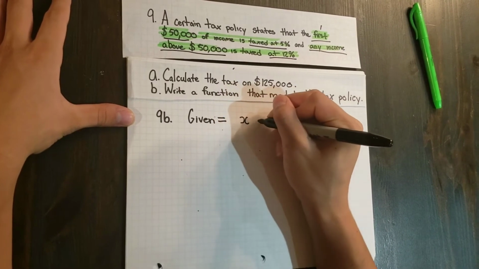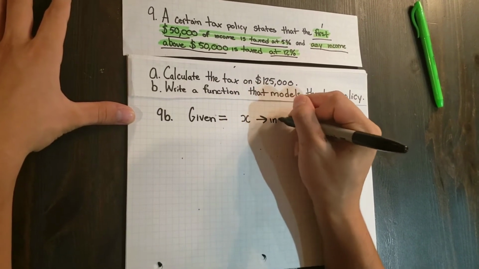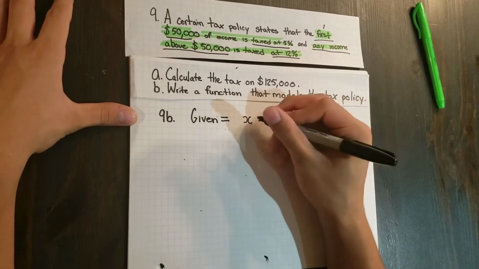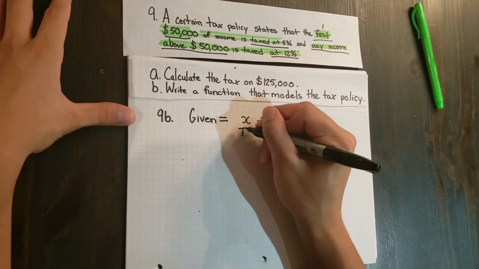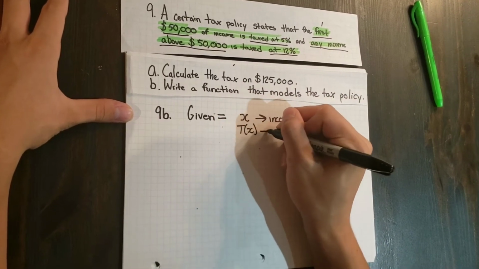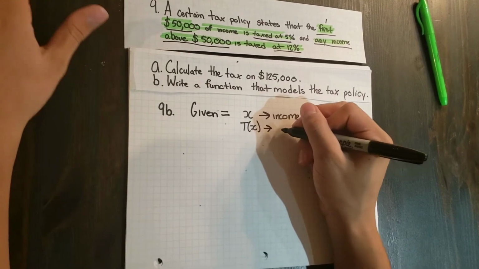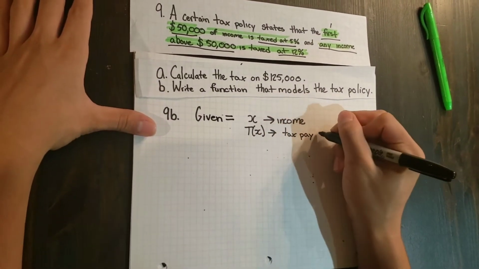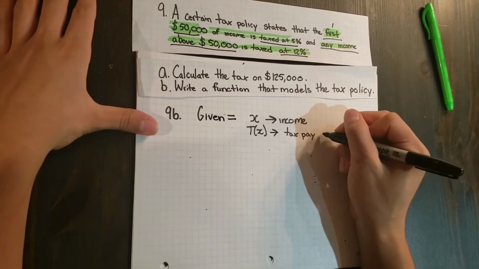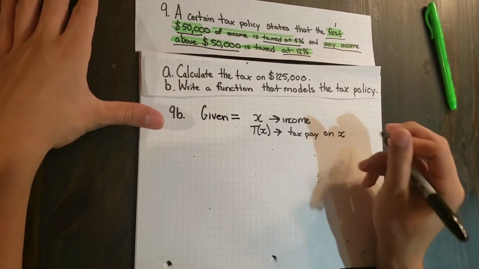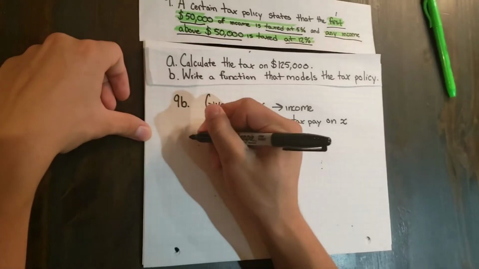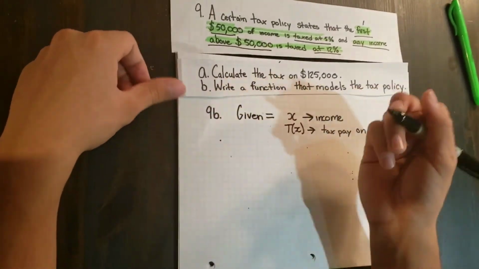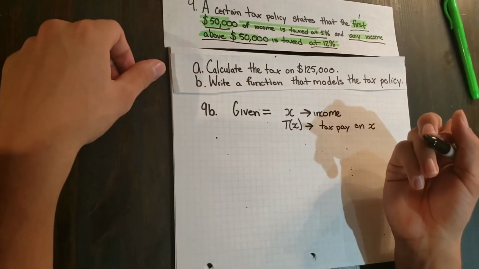We're going to have x equal our income, our variable. And then we're going to have T of x as our y, but also our tax pay on x.